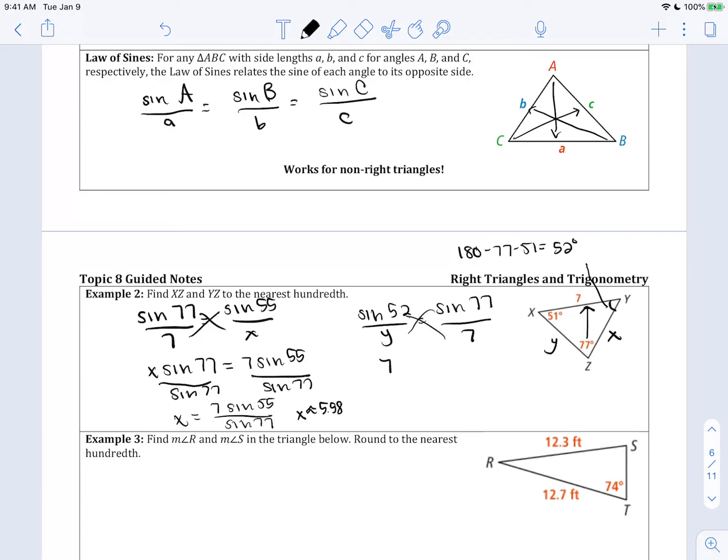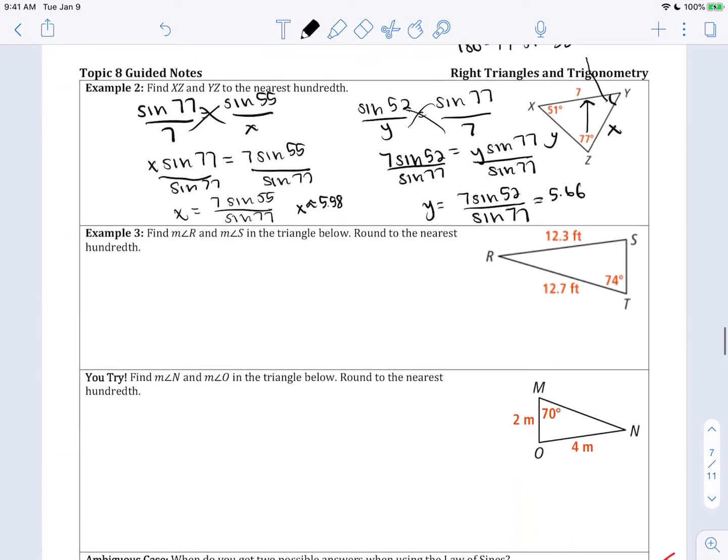Cross multiply, 7 sine 52 equals y sine 77, and divide by sine 77. And I get 7 sine 52 over sine 77, which gets me 5.66 for the length of y, which is the same as xz, right? All right, let's try this next one.